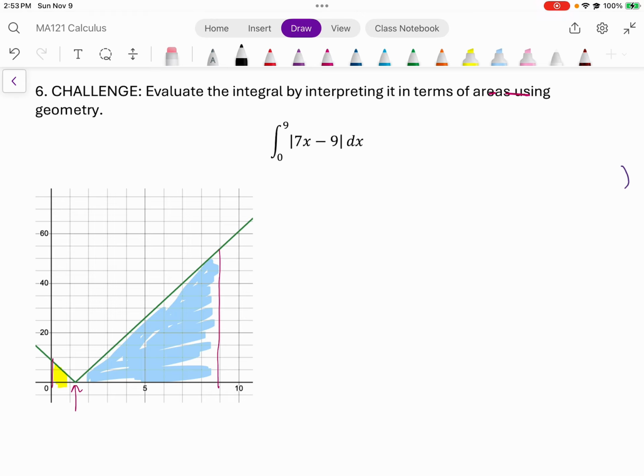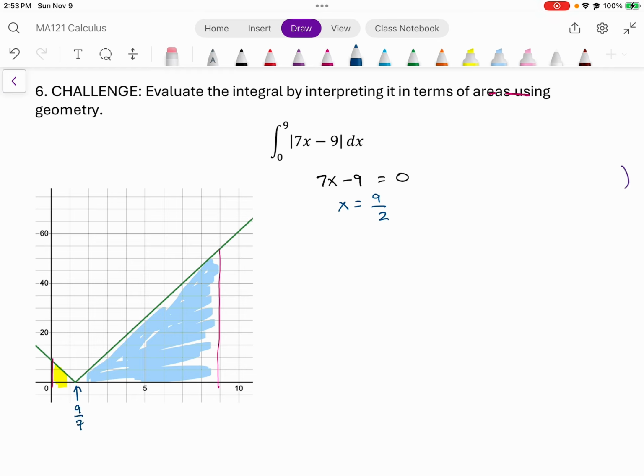If we just looked at the right green one, we could just set it up as 7x minus 9 equals 0. And that's going to be the same intercept as the other line, which together make up an absolute value equation. So we've got that x equals 9 over 7. So this value right here is 9/7.